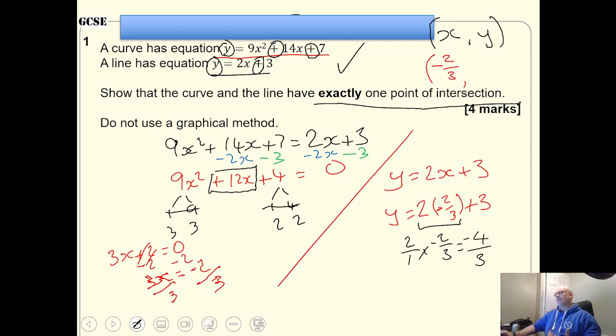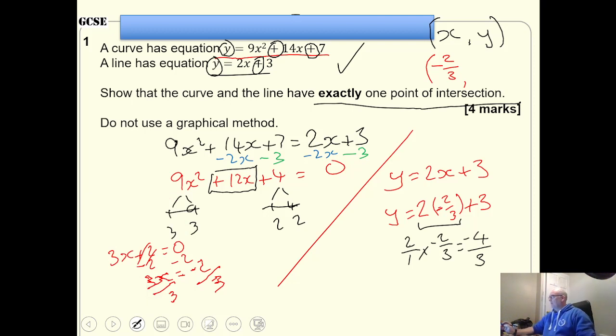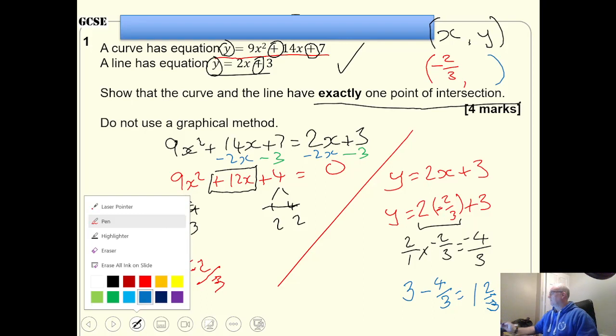Now, if I start with a negative and I'm adding a positive to it, some people do get mixed up when they do that part. There's nothing stopping us rearranging this and saying, if I start with a negative and I add a bigger value to it, it's still going to remain a positive. So if I change that to 3 minus 4/3, I'm going to get my solution, which is 1 and 2/3.